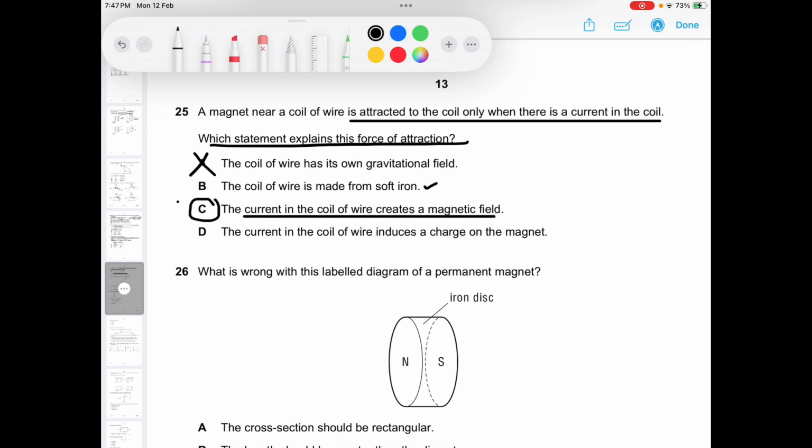Now this one is correct. The soft iron option may be correct, but it could also be made of steel or any magnetizing materials, so it doesn't really need to be soft iron. The current in the coil induces a charge. No, that's not a reason. So 25 is C.